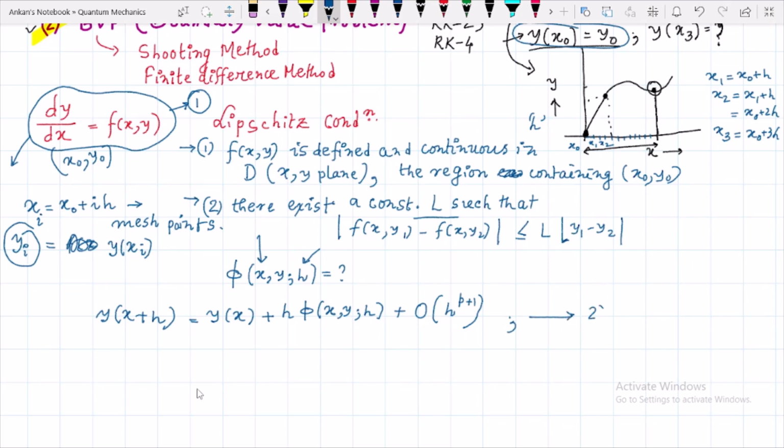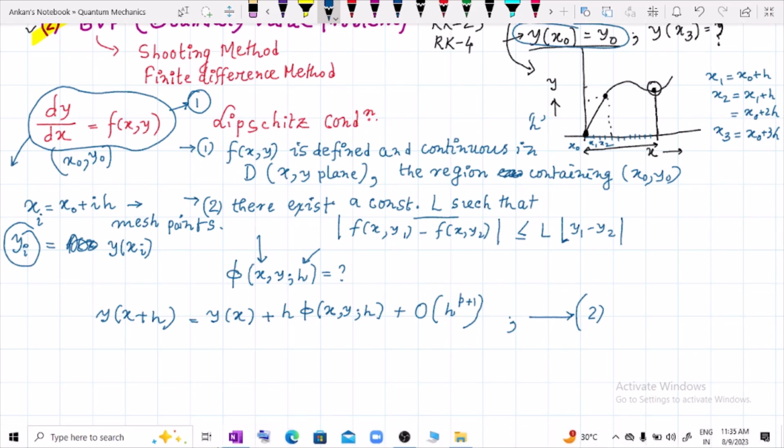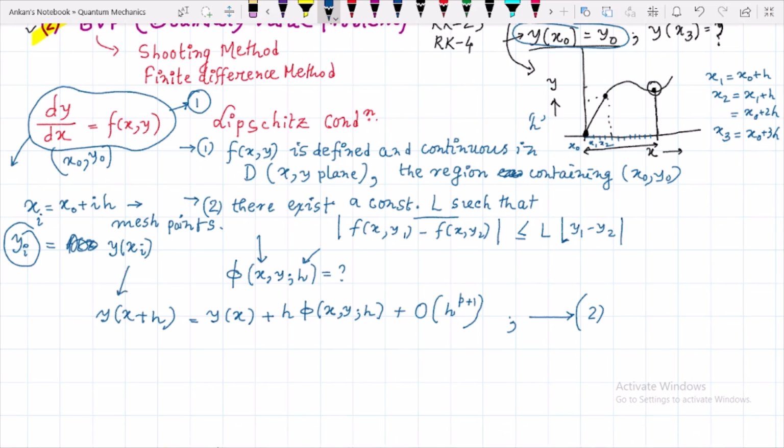Let us put it as equation number 2. So here lies the relationship between y and this new function phi, with the step size as well as the general solution.